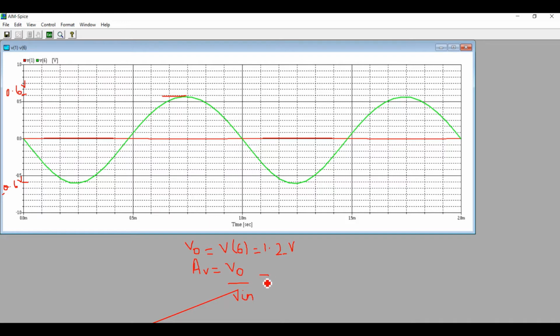This is equal to 1.2 divided by 10 milli. So it comes out to be approximately 120. AV is coming out to be 120.